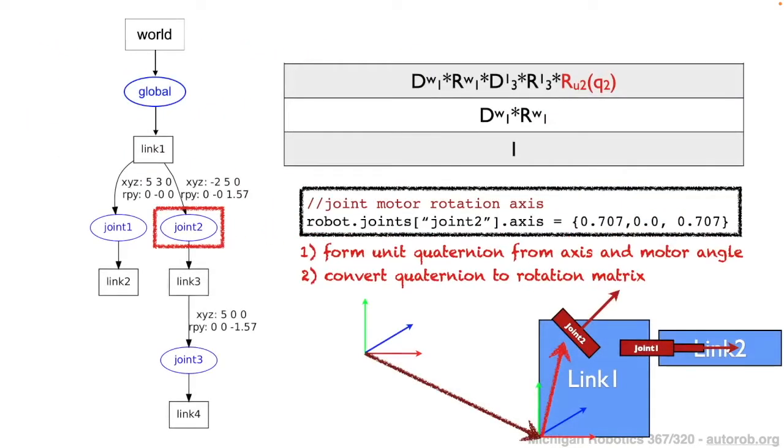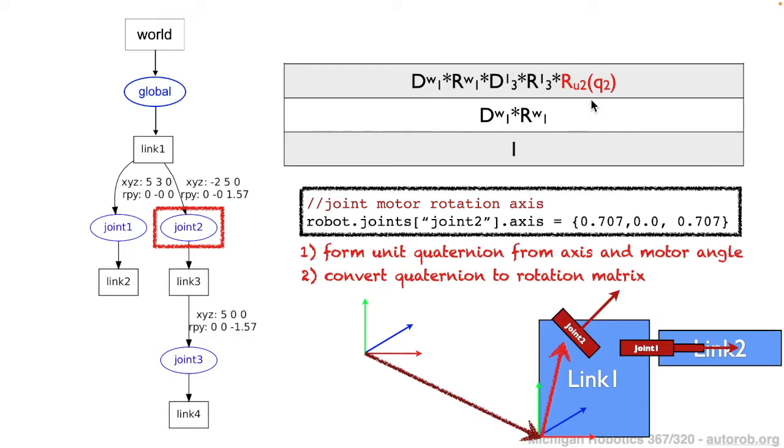If we go back to our matrix stack and think about where this fits in, remember that towards the start of this lecture, we were at this point in our forward kinematics recursion where we arrived at joint 2, and joint 2 was a revolute joint that had an axis defined, and it also has a current motor angle as part of its state. So we'll formulate this rotation matrix based on the quaternion math that we saw on the previous slide.